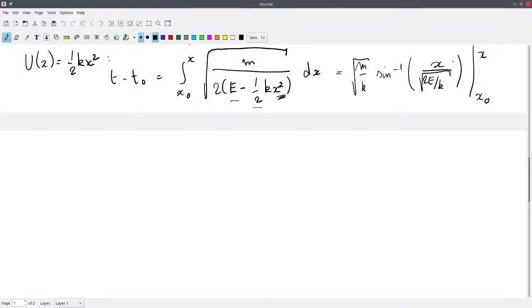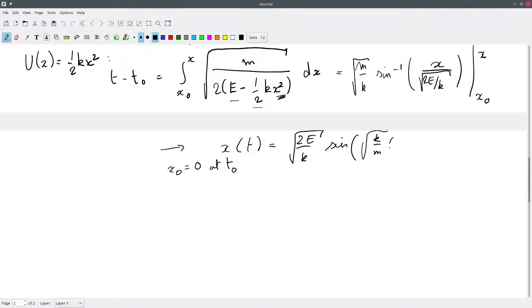So if we're looking for just the solution for x, we can invert this. And if we assume that x0 is 0 at t0, then we'll find that x as a function of time is the square root of 2E over k times the sine of the square root of k over m times (t minus t0).